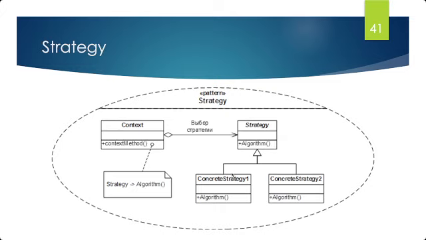Strategy, it's a pattern which allows us to create special class for every variant of one algorithm. For example, bubble sort or another merge sort or something else. We just use different variants of one algorithm and create a special class for every variant of this algorithm.